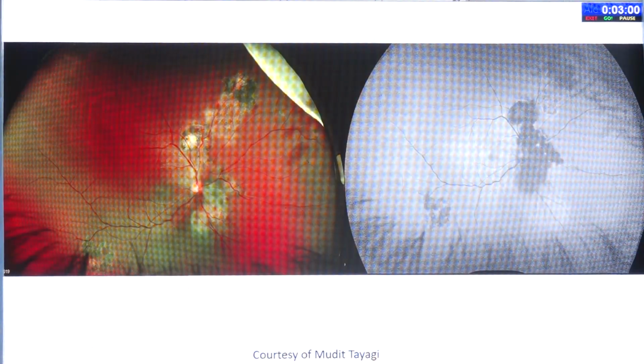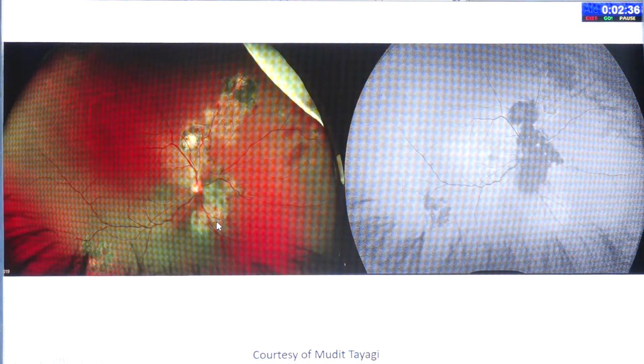This is a patient with Mudit, and I just added it to complete the picture, that this is also a case of pigment with uveitis. When you look at it, you could think of serpiginous-like choroiditis, because you do have the yellow lesions, you do have pseudopodia-like, and you do have something happening here.